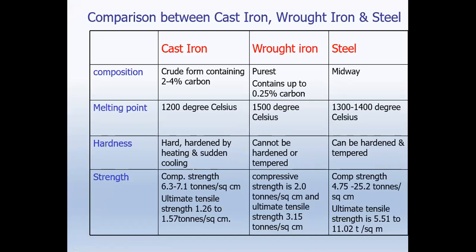From the screen, I think you can see here, on the left-hand column, we have the composition in terms of carbon content. So our concern is here. This means that steel contains carbon content ranging between 0.25 and 4%.